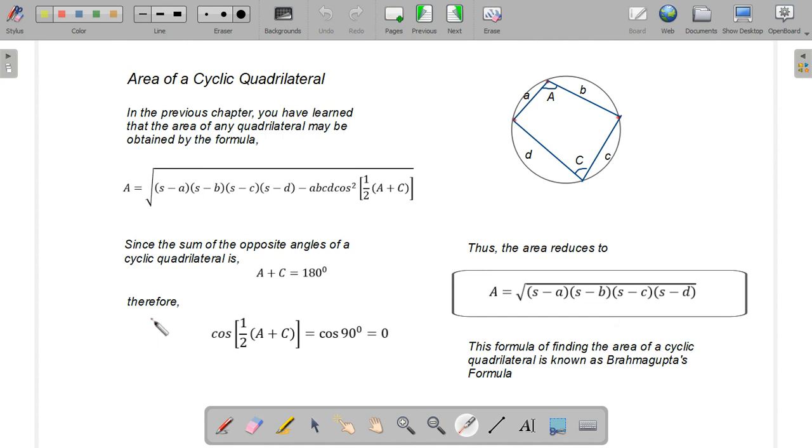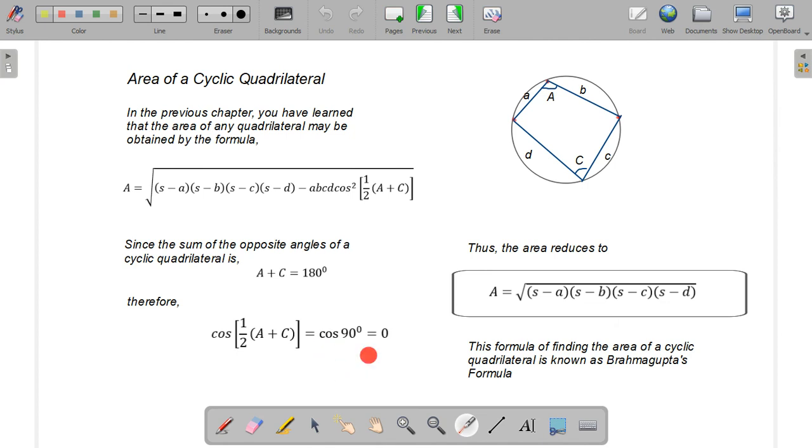Now, therefore, if you are going to write this down, cosine of 1/2 (A plus C) is equal to cosine 90 degrees, because if you take half of 180, that is 90 degrees.